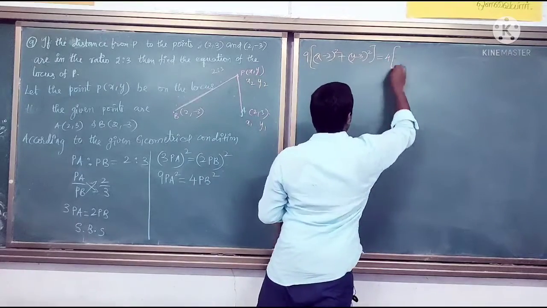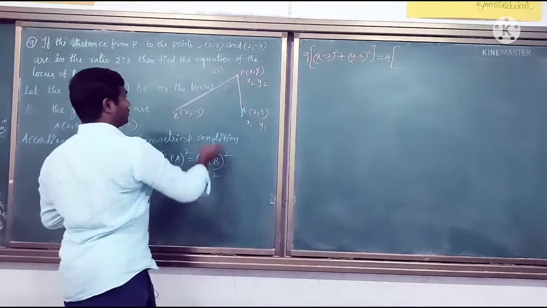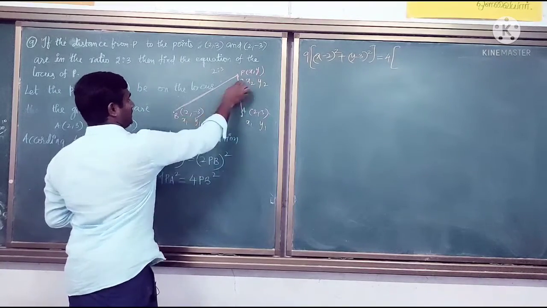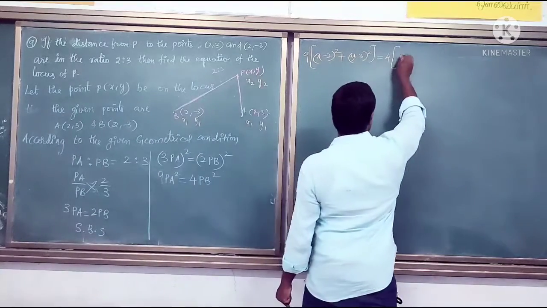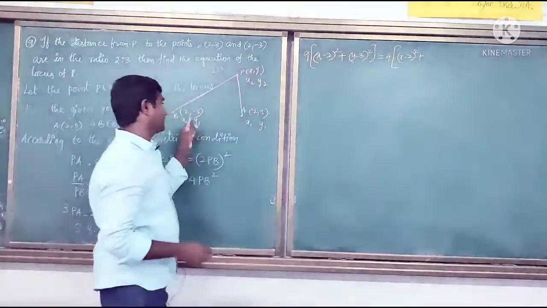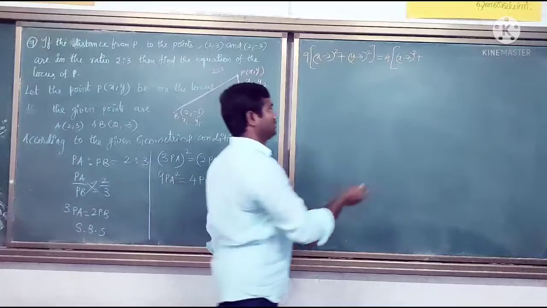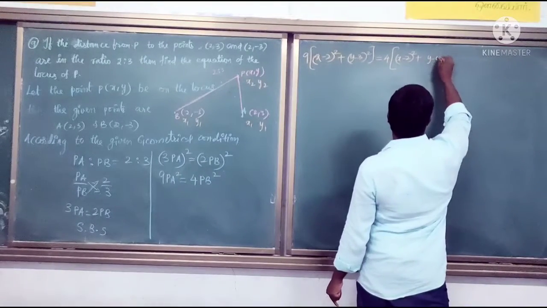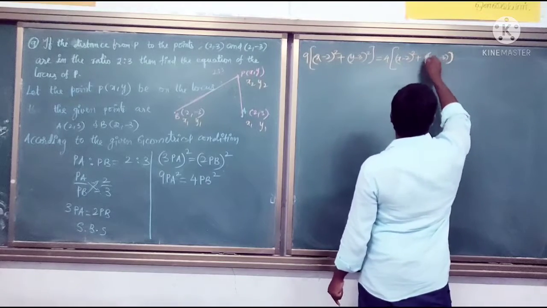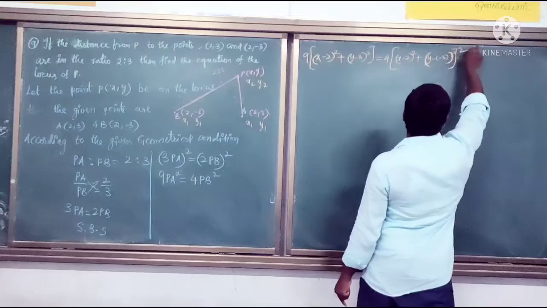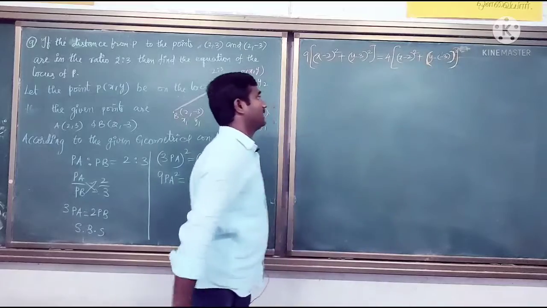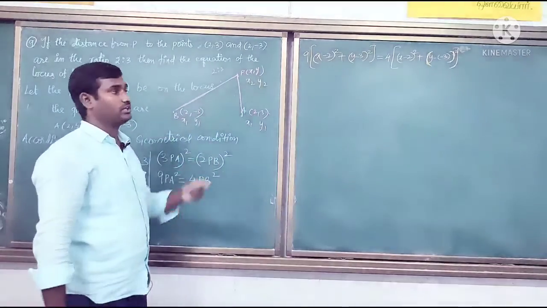Now for PB square, it is (x - 2) whole square plus (y - (-3)) whole square, that is (y + 3) whole square. The square root is not needed, because PB square is already there, so no need to put the root.